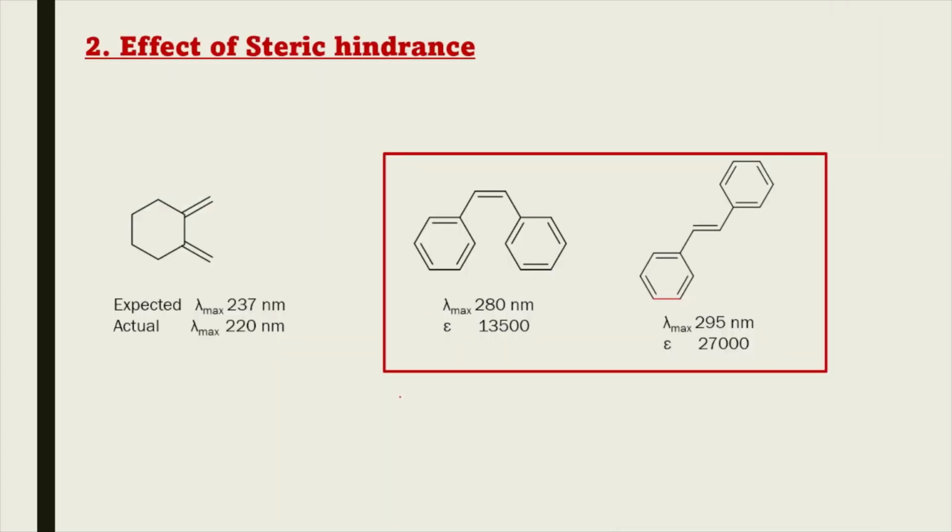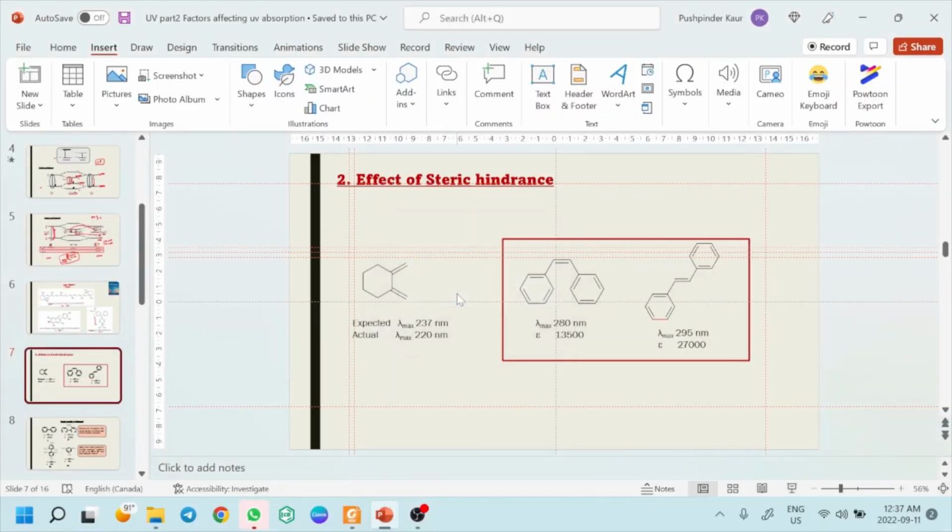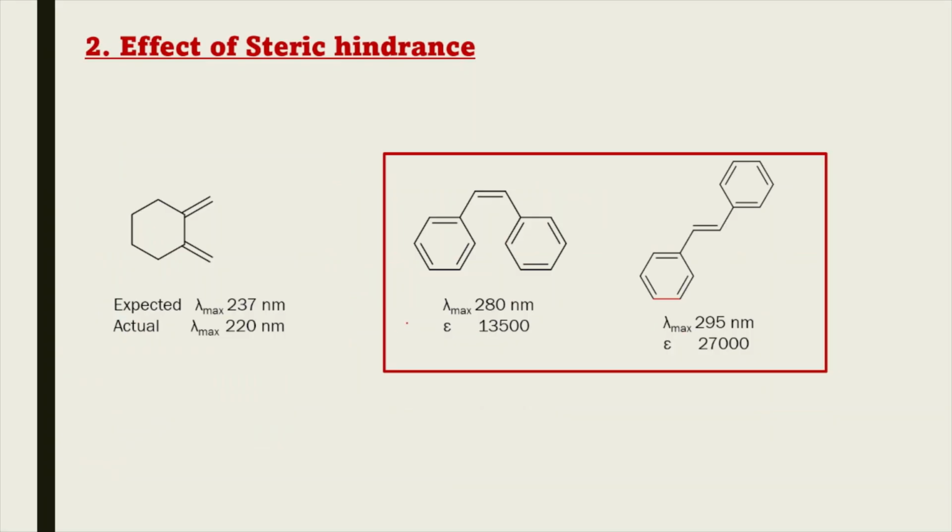Now the second factor is the effect of steric hindrance. Steric hindrance can also affect the lambda max value, which we can see from here.